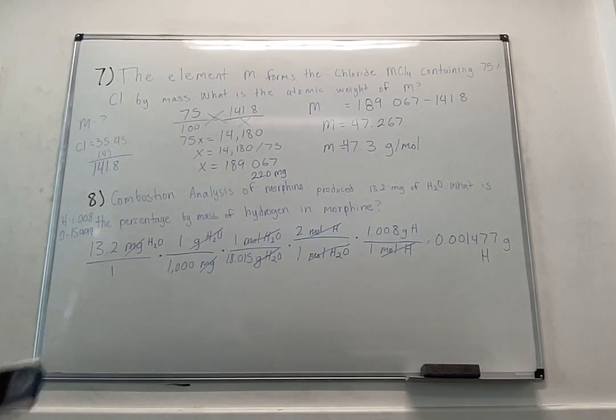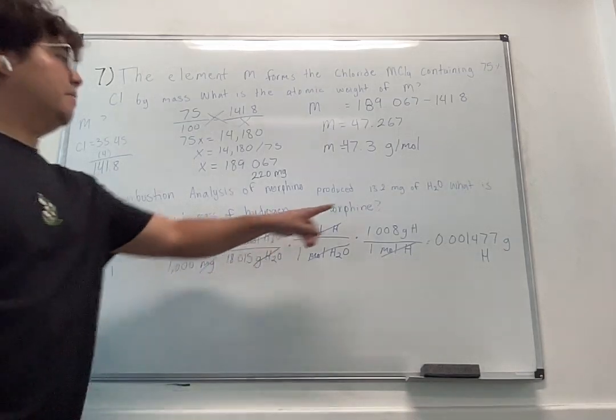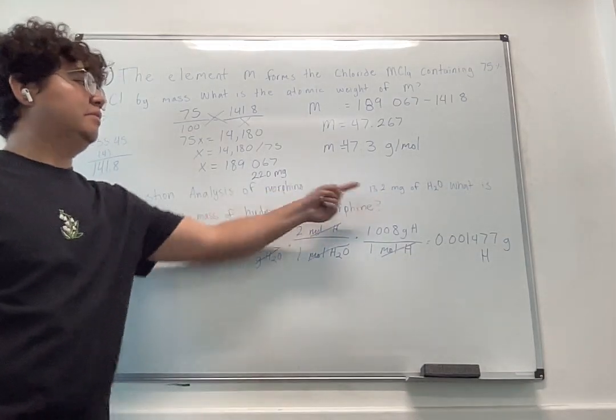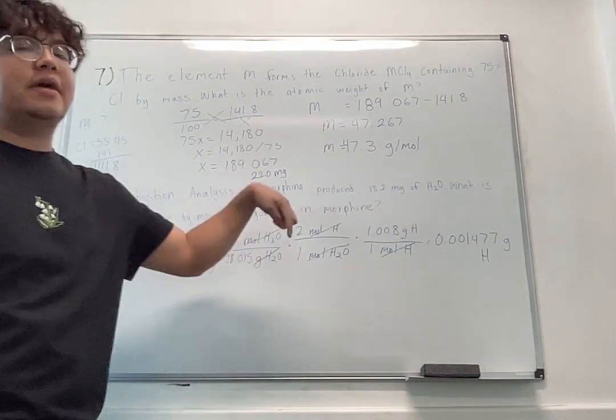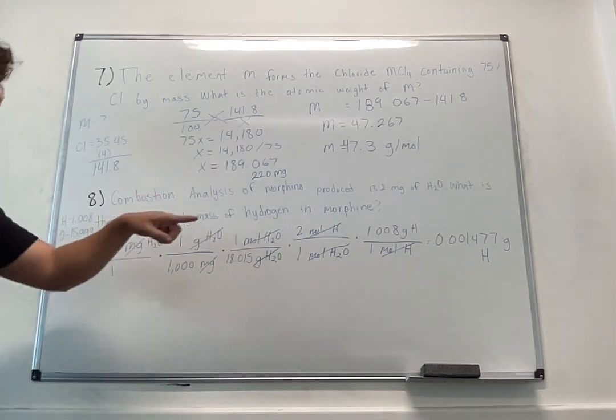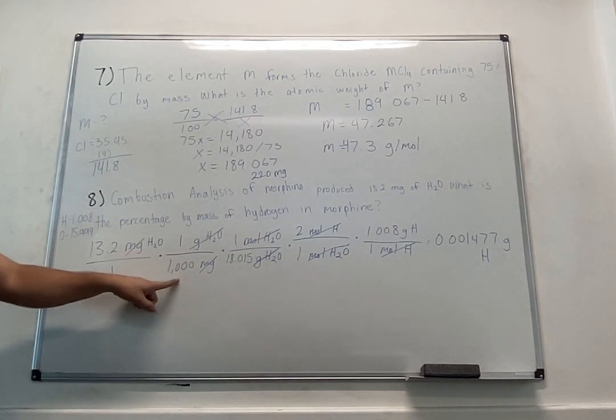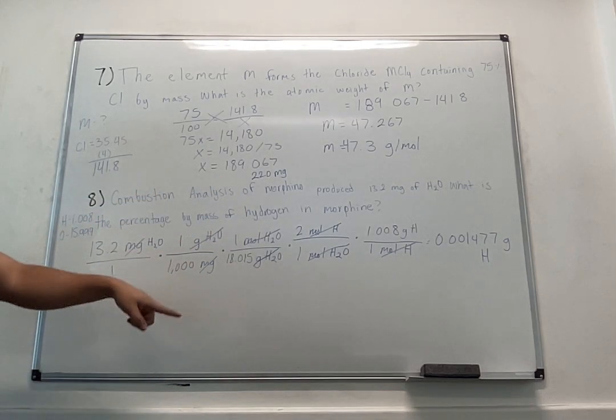But, dang, that's a really, really small amount of hydrogen. That's because, remember, we started off with milligrams. So we want to go back to those milligrams. What we do is the opposite of dividing over 1,000.